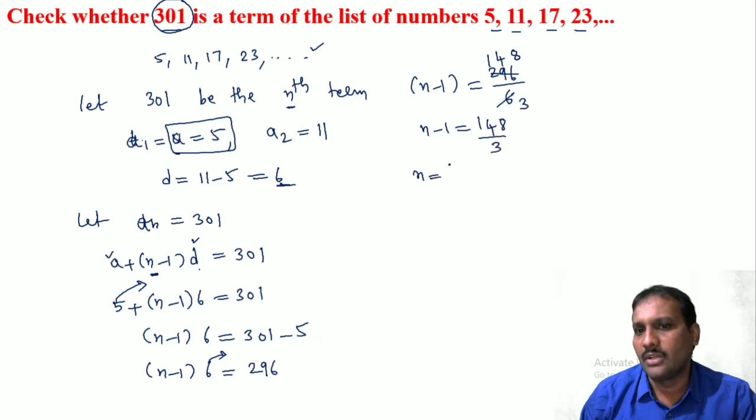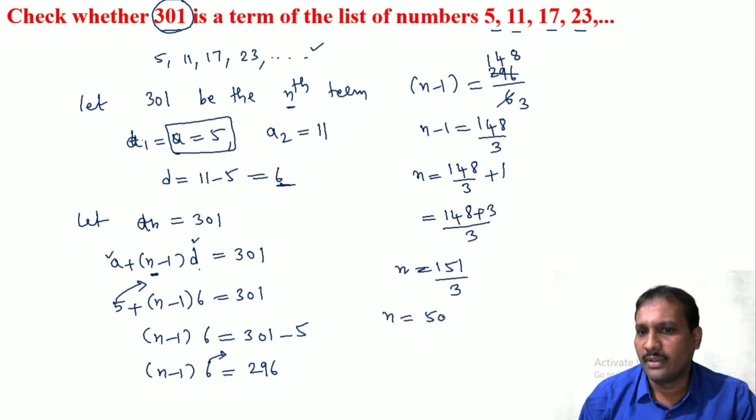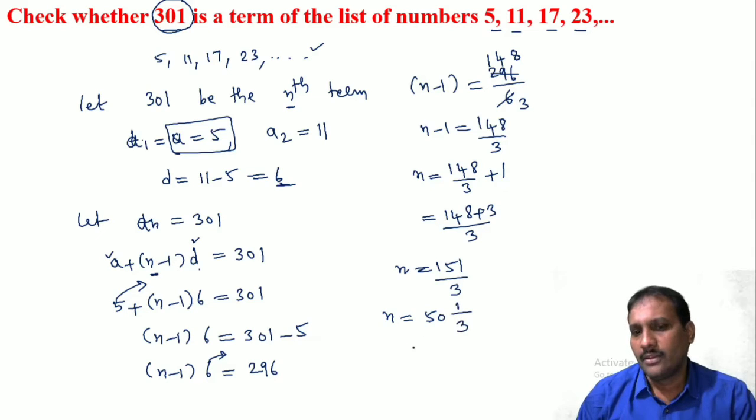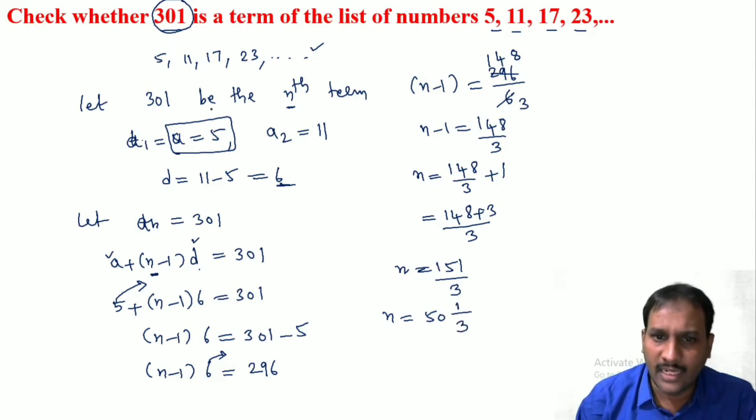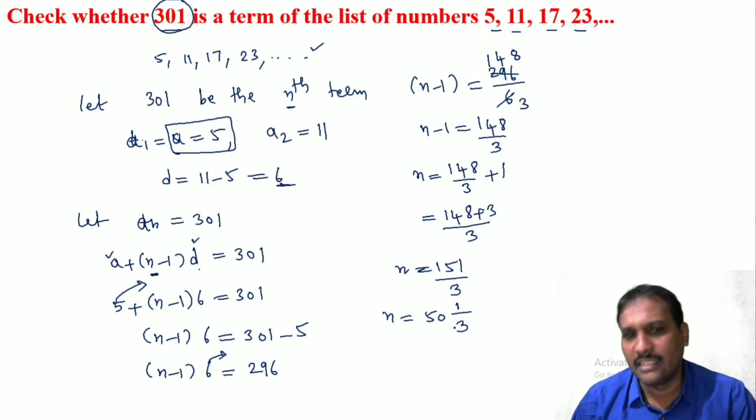So n is equal to 148 by 3 plus 1, that is 148 plus 3 by 3, that is 151 by 3. This is n. If you simplify, you will get 50 and 1 by 3.